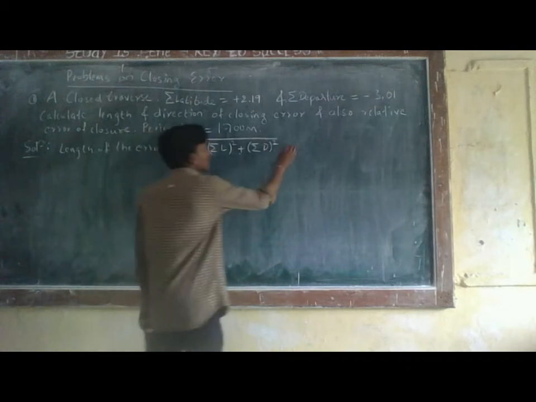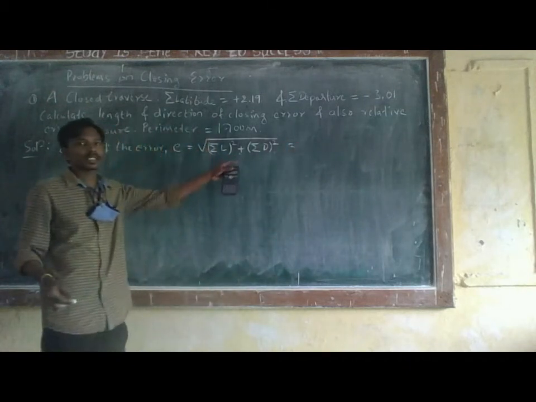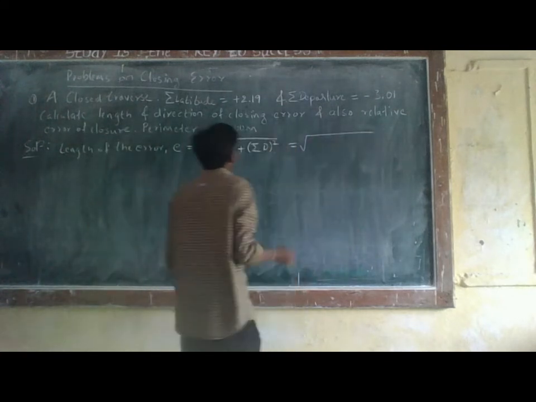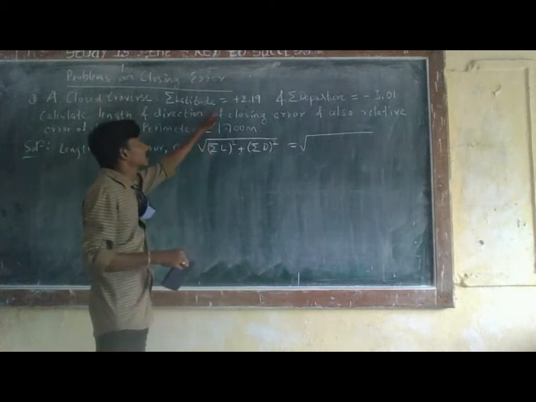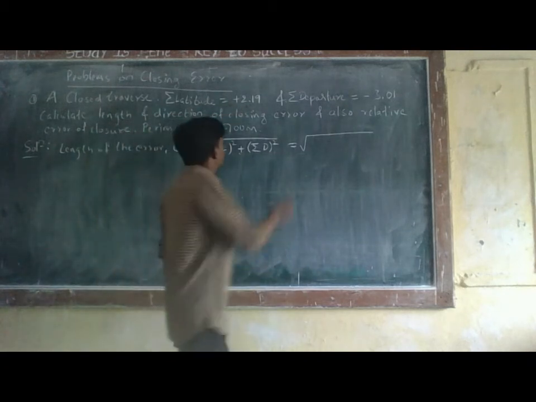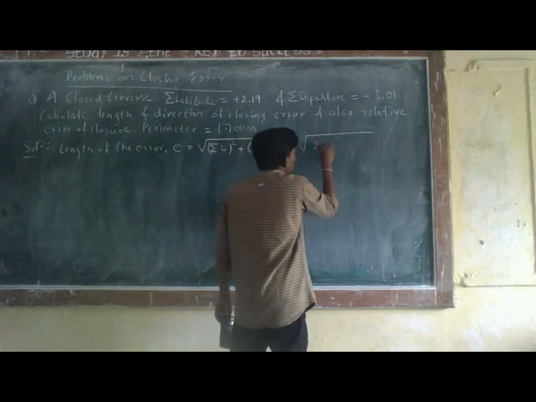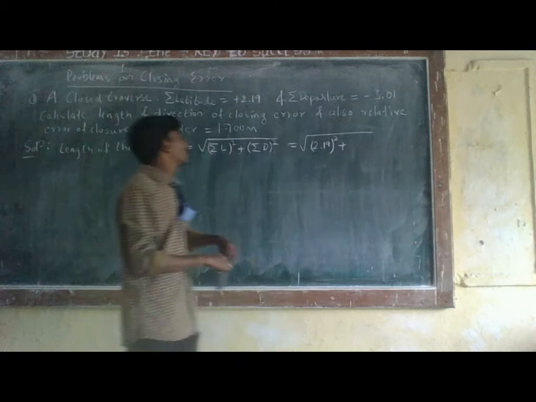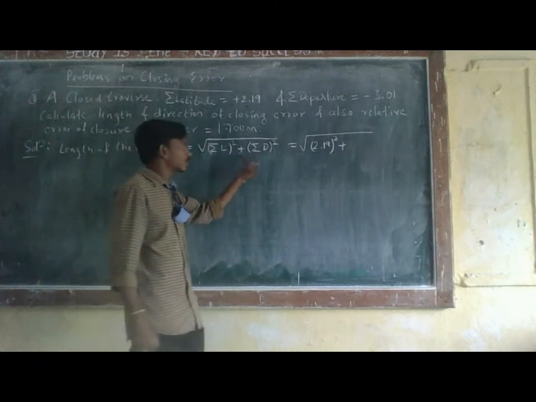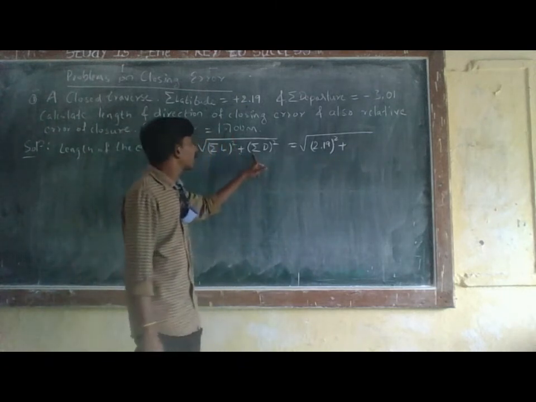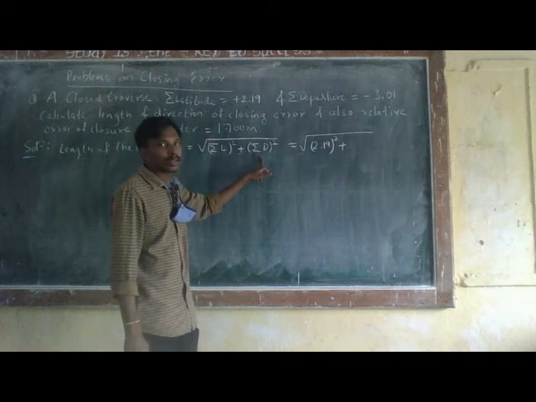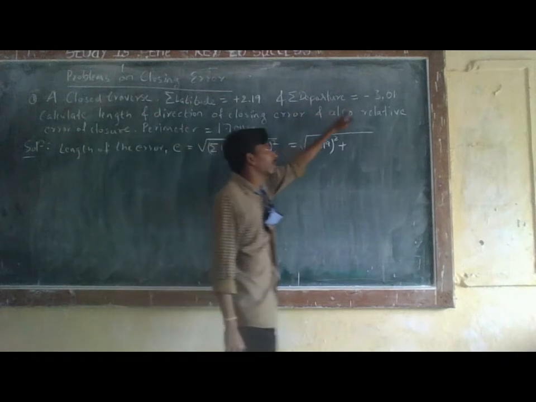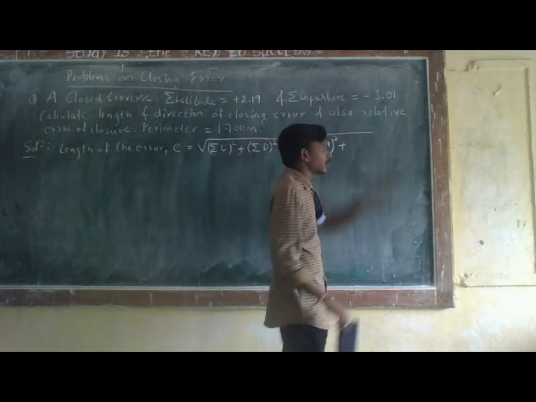Now as per this formula substitute the values. So square root of, the summation of latitude is plus 2.19 whole square plus, now here it is plus, so take plus sign, and now in the bracket they have given the summation of departure, which is minus 3.01.